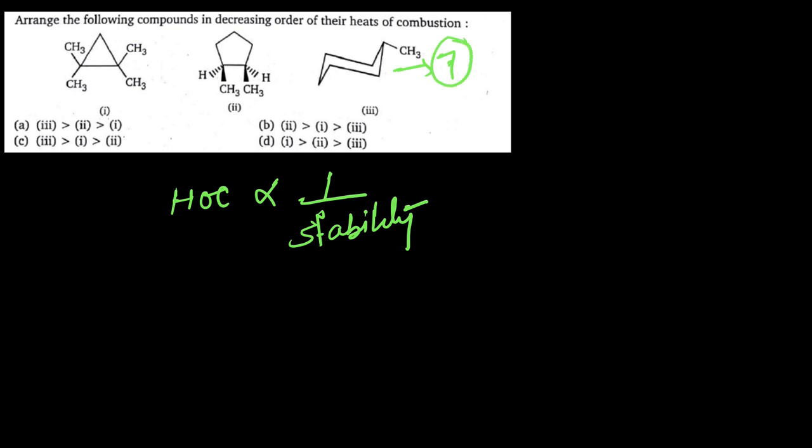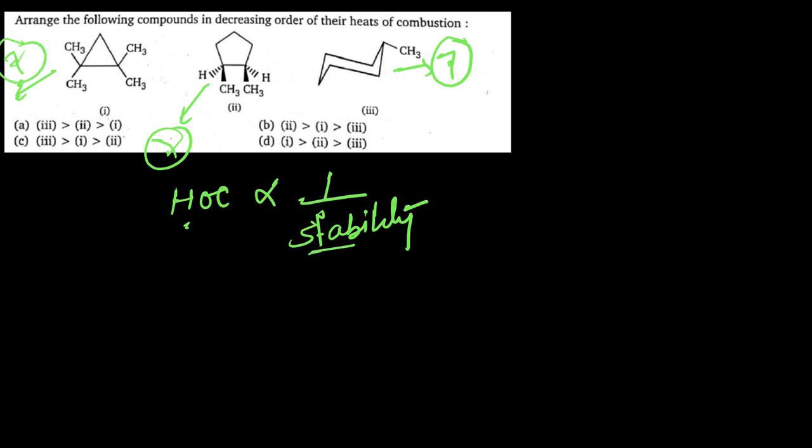Now let's move to question number 8. Arrange the following compounds in decreasing order of heat of combustion. So students, we have seen HOC is inversely proportional to stability if the number of carbon atoms is the same. So over here we have the same 7 carbon atoms, over here again the same 7 carbon atoms, and over here again the same 7 carbon atoms.